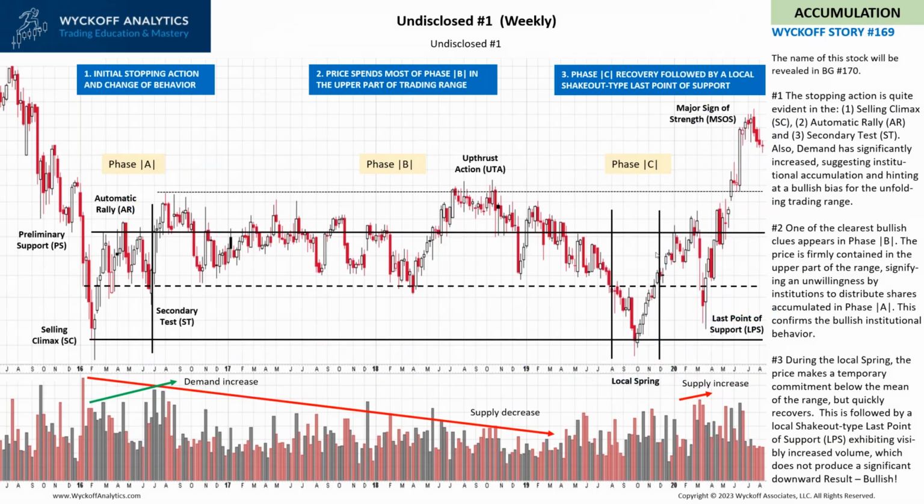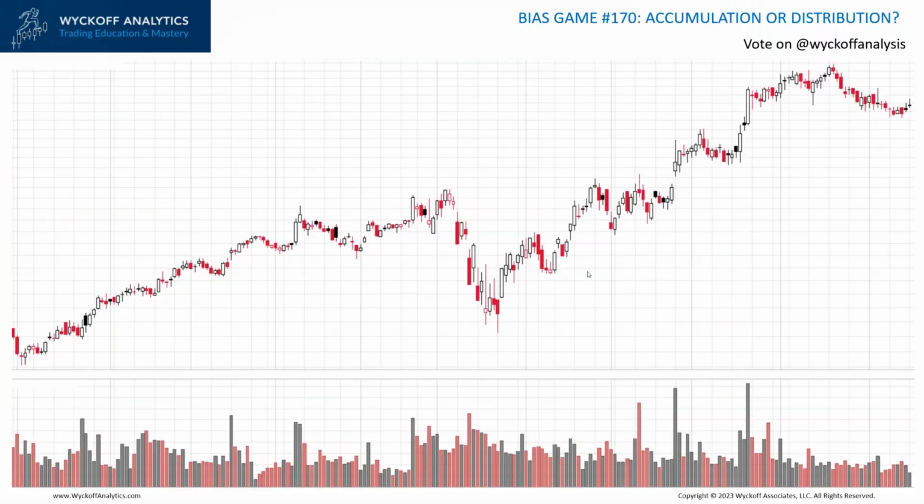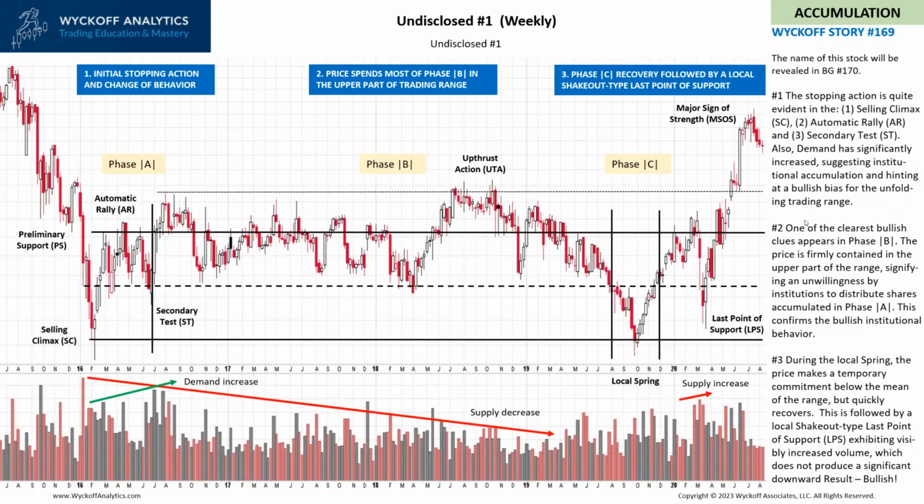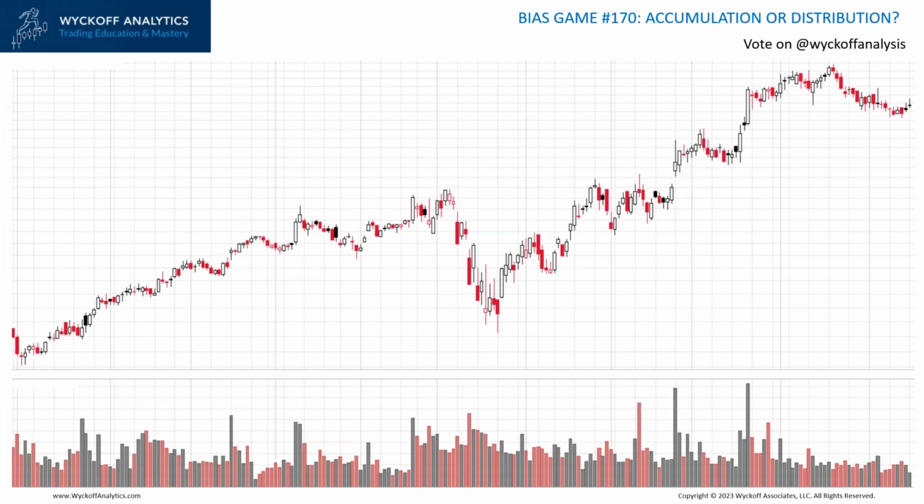Now we are continuing with bias game number 170. Same stock. So here we were looking at the weekly; this is the same stock daily. Here's your COVID.